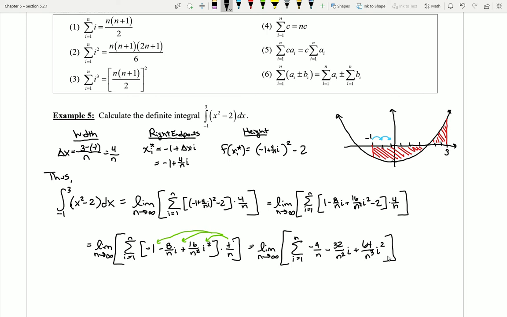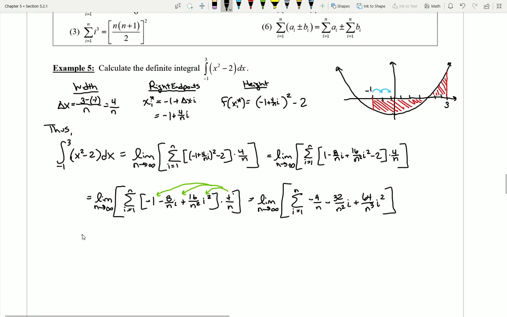Now, I can start to see from right here that some of these rules up above are going to become helpful. Specifically right now, rule number 6. Notice that I have a summation of a bunch of things being added and subtracted together. So this says you can take the sum of each one of those pieces separately.